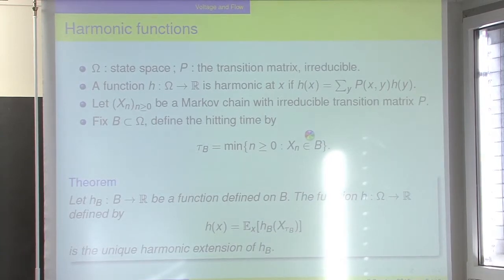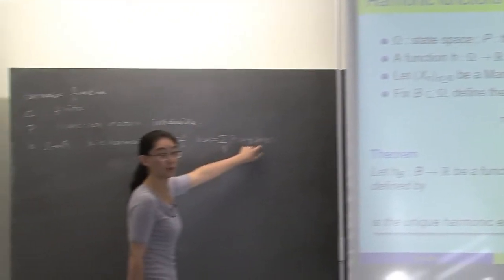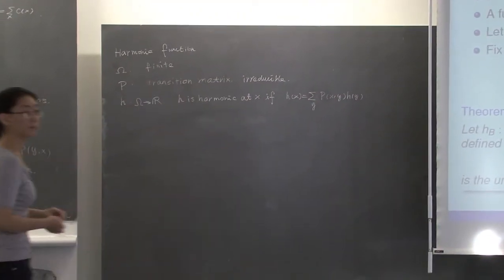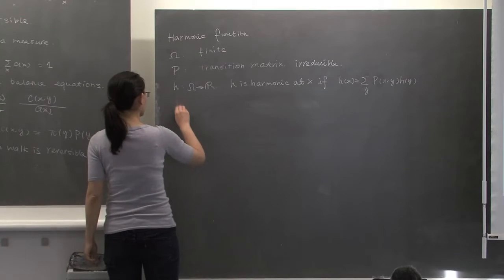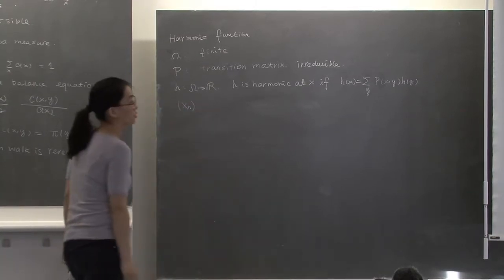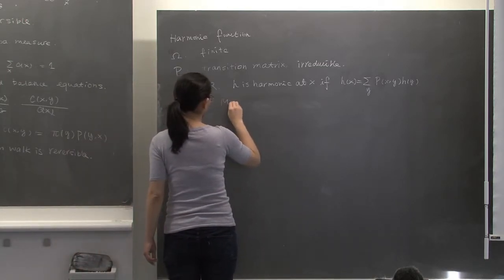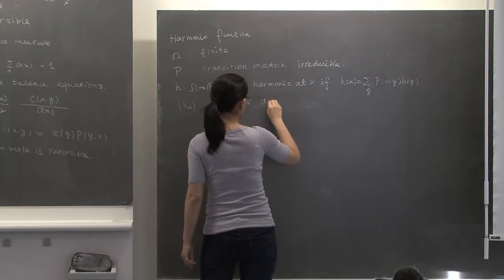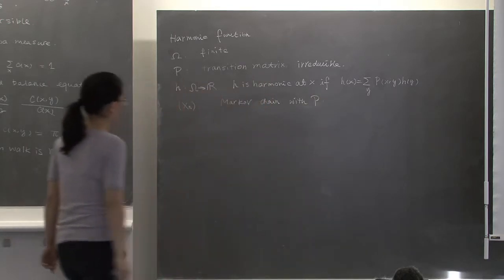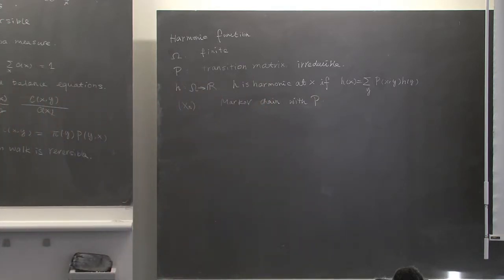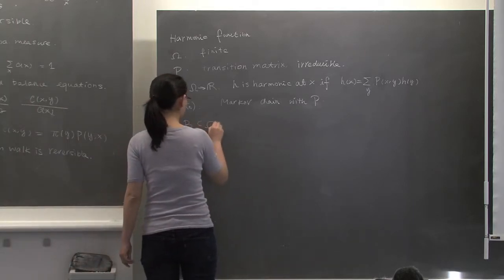if it satisfies the property that we jump to the neighbors, and then the average of this after jumping is the same as the original value. Okay, and then Xn is just a weighted random walk on this network, or we call it a Markov chain with transition matrix P. B is a subset of the state space.